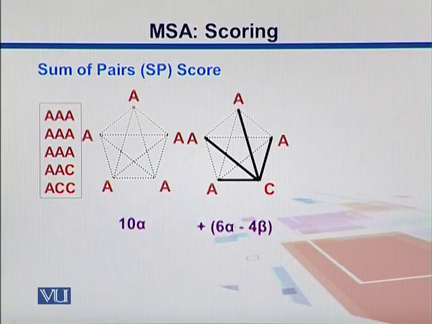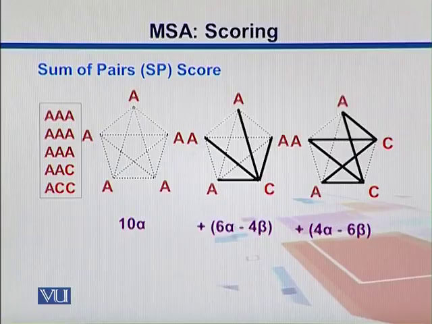In this way, a match score always adds something to your overall score, whereas mismatches subtract from the overall score. In the second star, you will see that you have 6 alpha minus 4 beta. And in the third situation, which was in the third column, you have 4 matches and 6 mismatches.